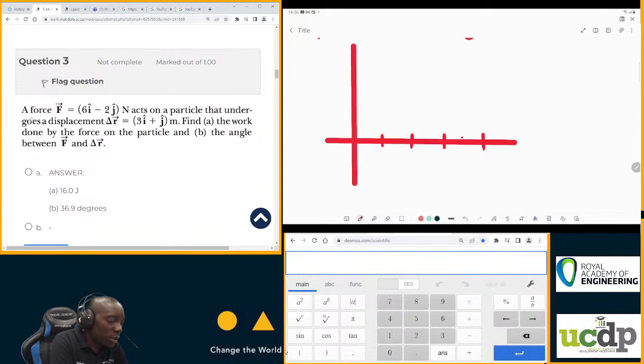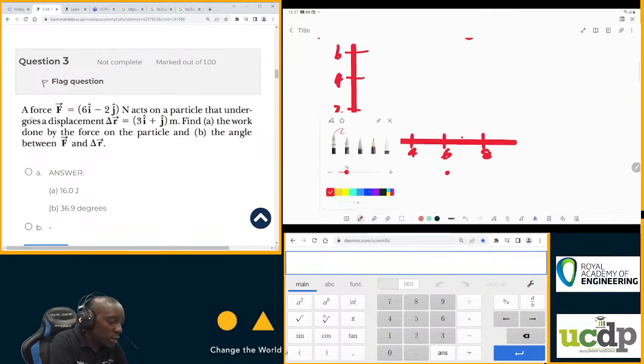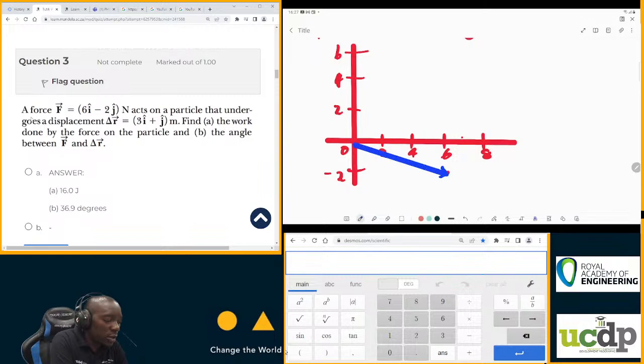Can make it a sketch, still okay. So it's 6i minus 2j. If that's 0, 2, 4, 6, 8, and minus 2, and 2, 4, 6, then 6i minus 2j is a vector that goes there. So this is the force vector, 6i minus 2j, like that. So that's the force in newtons.